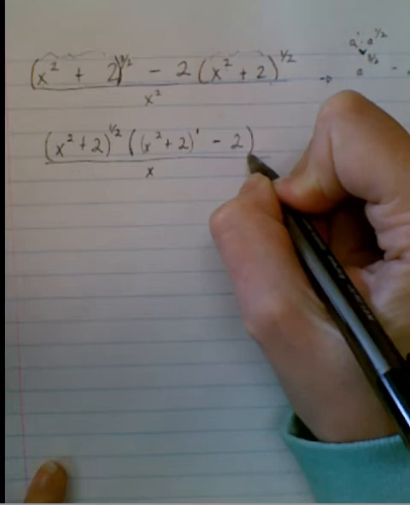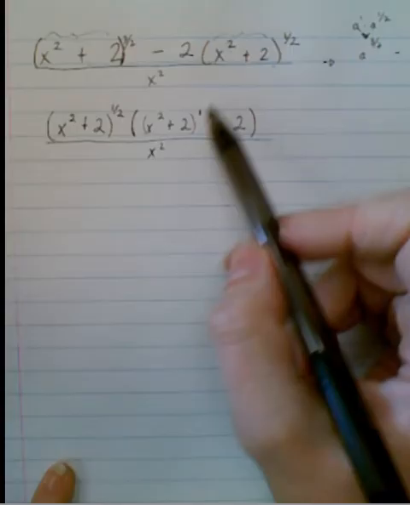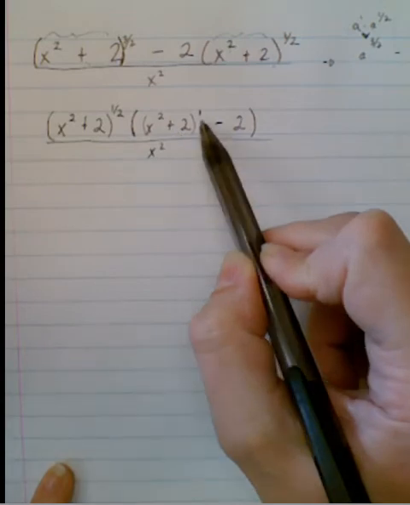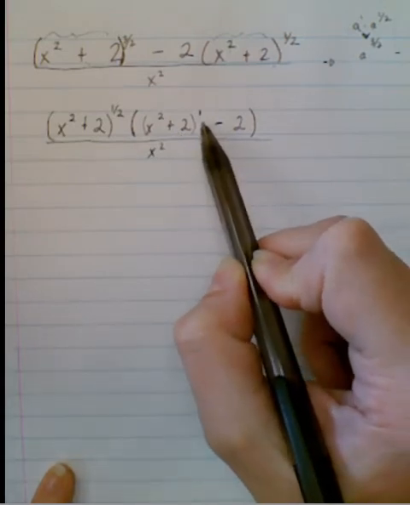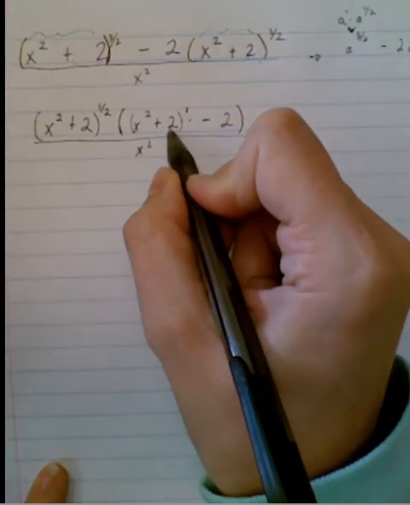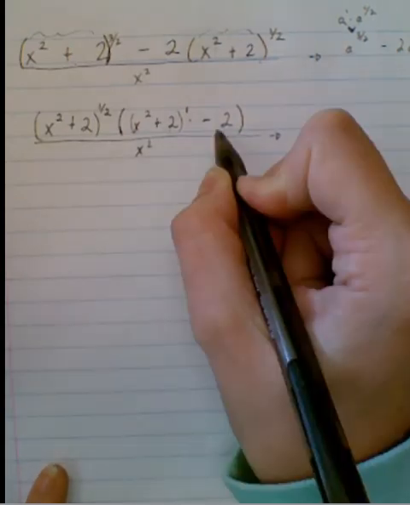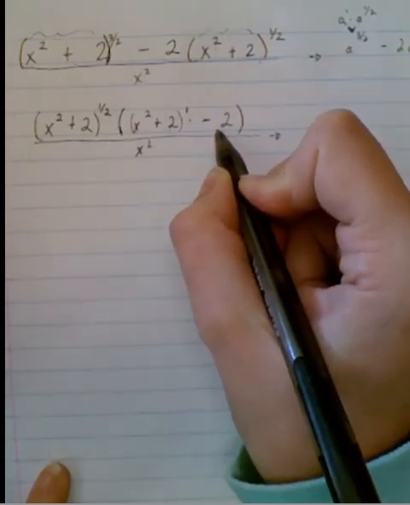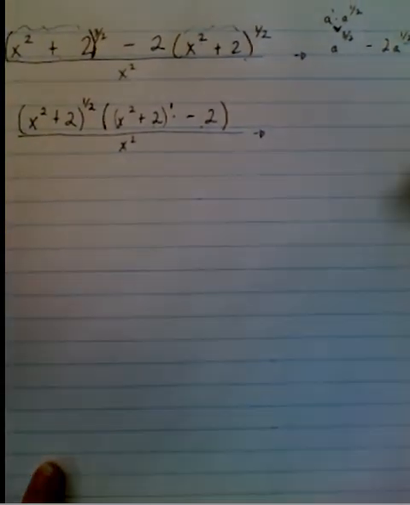All right, oops, squared. So when I have x squared plus 2 to the first, is that something I need to write? Do I need the first? No, I can just say that I have one of those quantities. So this is going to simplify to x squared plus 2 minus 2. Oh, well, that's kind of convenient that that would happen. It's like they wrote that problem that way or something. Yes, that's exactly what the textbook's doing. They're looking for you to use these tricks to show that you know how to do them.